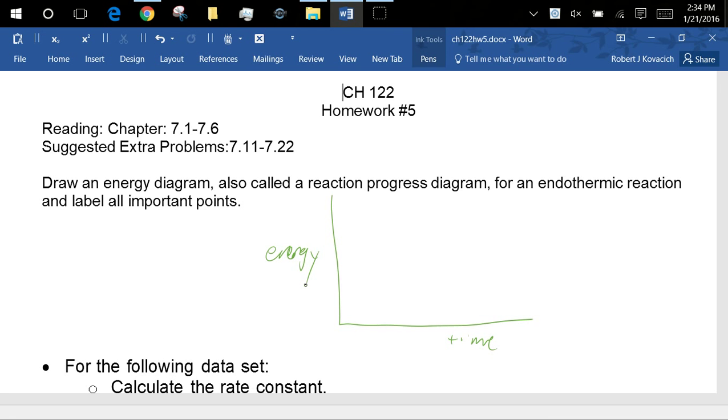So I've got reactants and I've got my products. The reactants are at a certain amount of energy, and what has to happen during this particular reaction? Products have to have more energy. So the products are going to be up here somewhere. I'm going to go into a transition state, and then they're going to fall back down here, but this line here needs to be above my reactants.